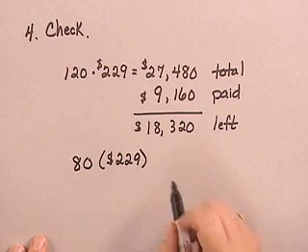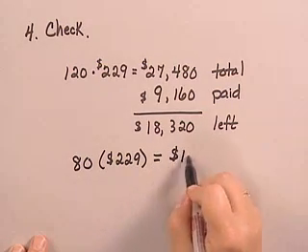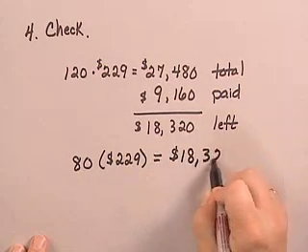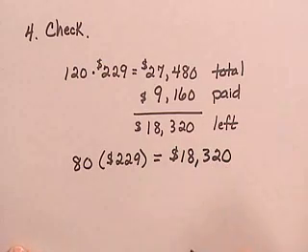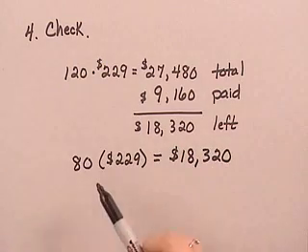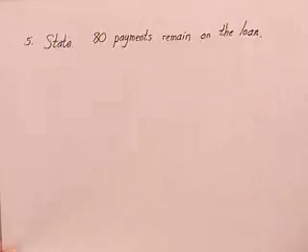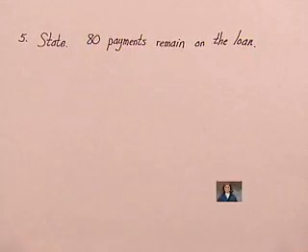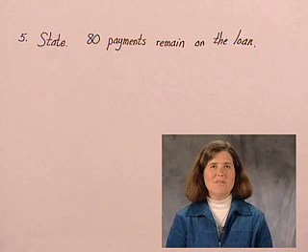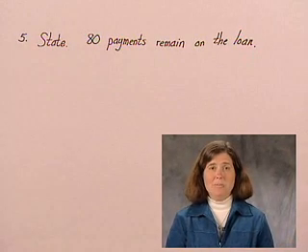And if you carry out that multiplication, you do get $18,320. So we checked our problem by looking at it a slightly different way, and we found that indeed there are 80 payments left. We state our answer with a complete sentence. For the fifth step, 80 payments remain on the loan.